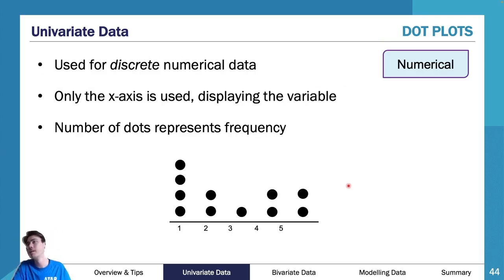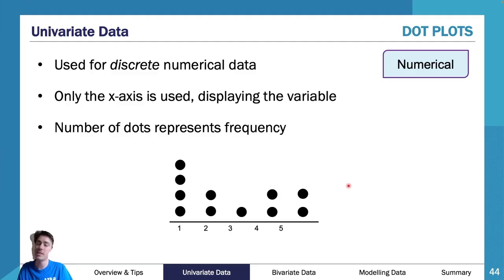If we look at this here, dot plots are used for discrete numerical data. Only the x-axis is used, so we don't have a y-axis, and the number of dots represents the frequency. Essentially, we have pieces of information on 1, 2, 3, 4, 5. Sorry, that's been squished down, it didn't really hold its position well.